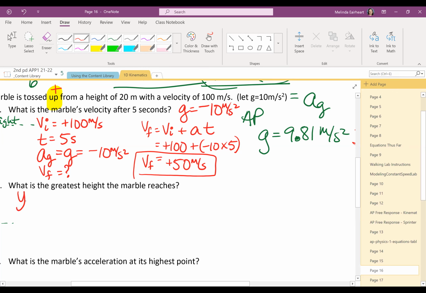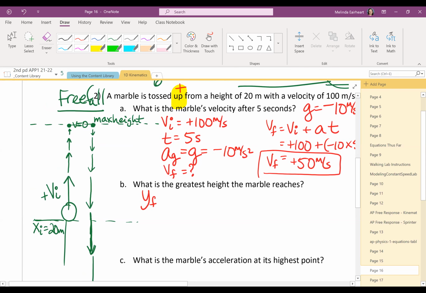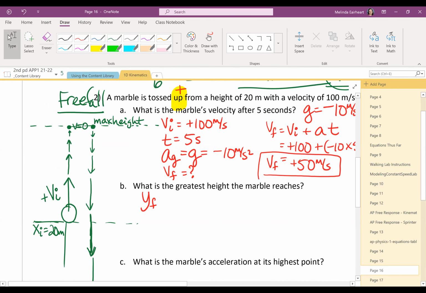Okay. What is the greatest height that the marble reaches? And so we're looking for a final height. Now notice what I just did. I said YF. If you want to keep with X for position, you can totally do so. If you want to put H's, totally acceptable.